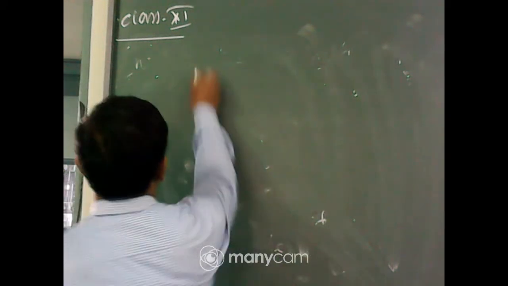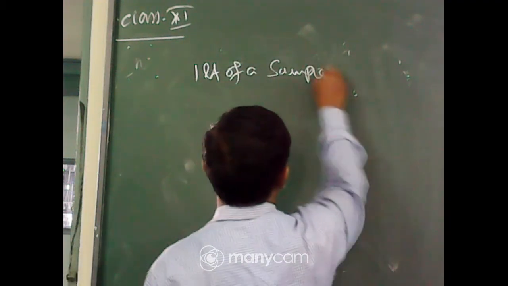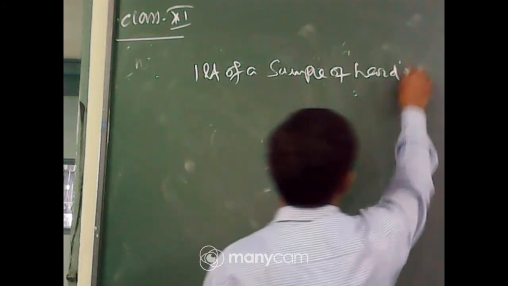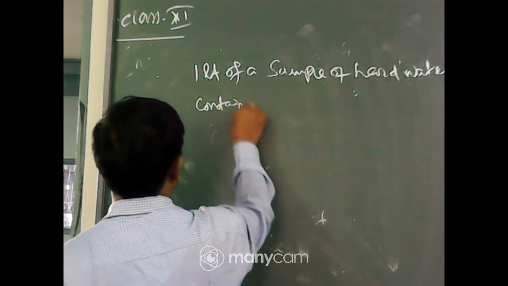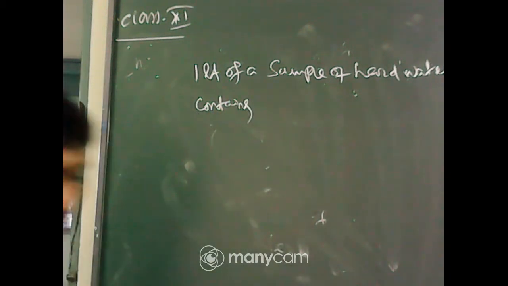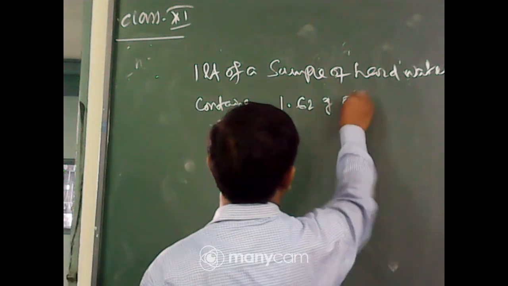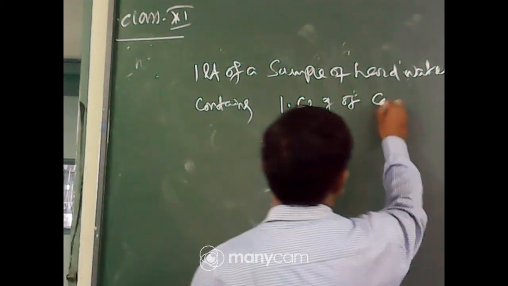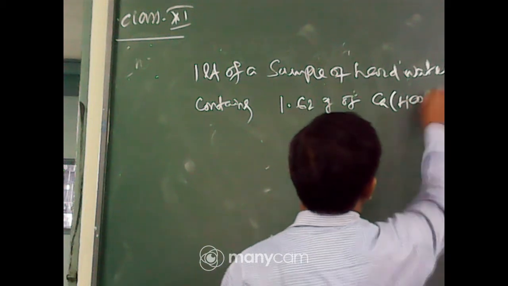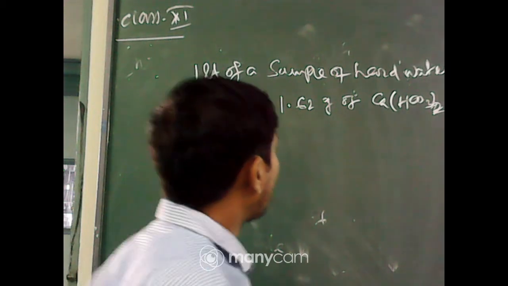One liter of a sample of hard water contains 1.62 gram of calcium hydrogen carbonate, Ca(HCO3)2. Can you tell me what type of hardness is this?